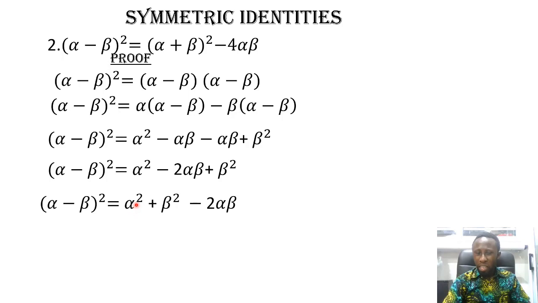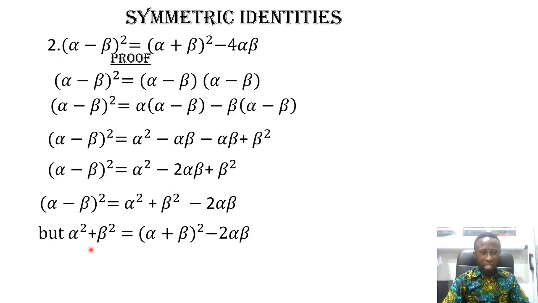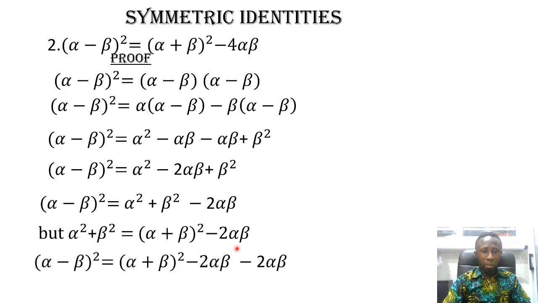Now we know what alpha square plus beta square is. Do you remember? We proved it. That's the first proof. And when we proved it, we got alpha plus beta all square minus 2 alpha beta. So we just substitute it in there. Where we see alpha square plus beta square, we just substitute this one there.